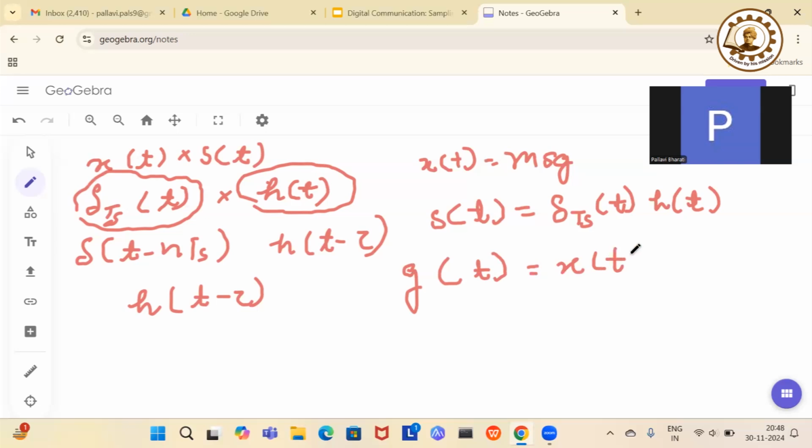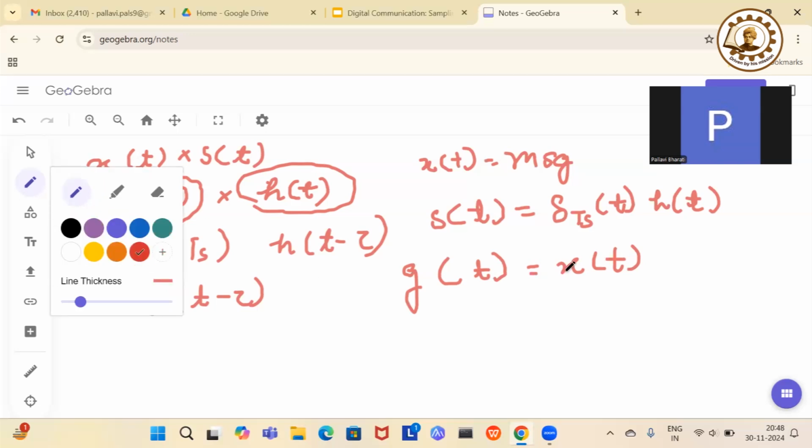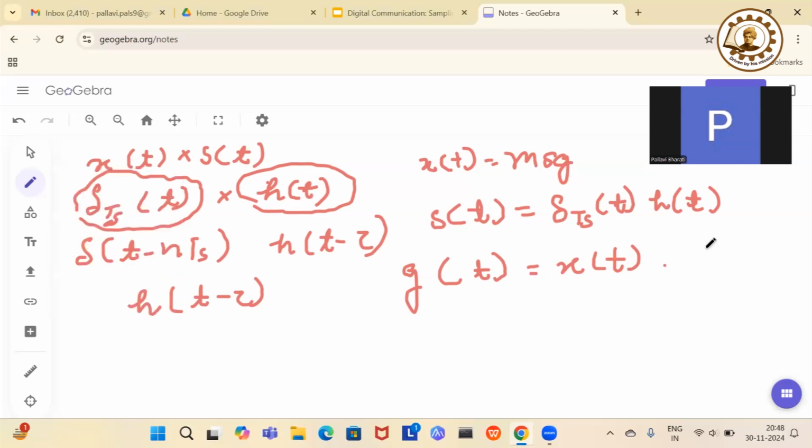x(t) into s(t). So the sampling signal is the same, that is your rectangular pulses. In both the cases, it is the train of rectangular pulses only, the sampling signal. In both cases means in the case of flat top samples and the natural samples, but the flat top sampling method over here is used. So x(t) into s(t) will give you the sampled signal.